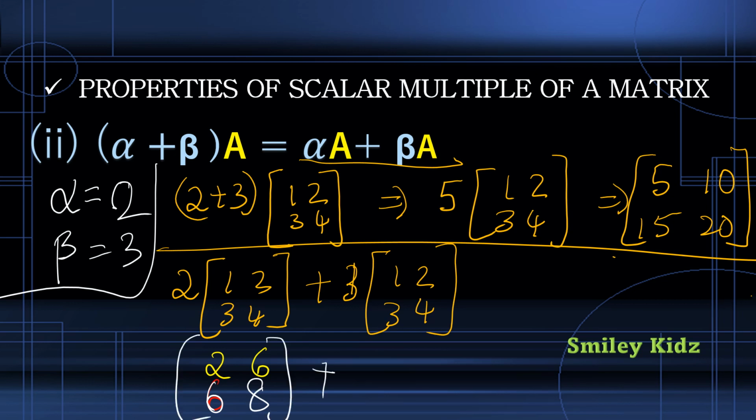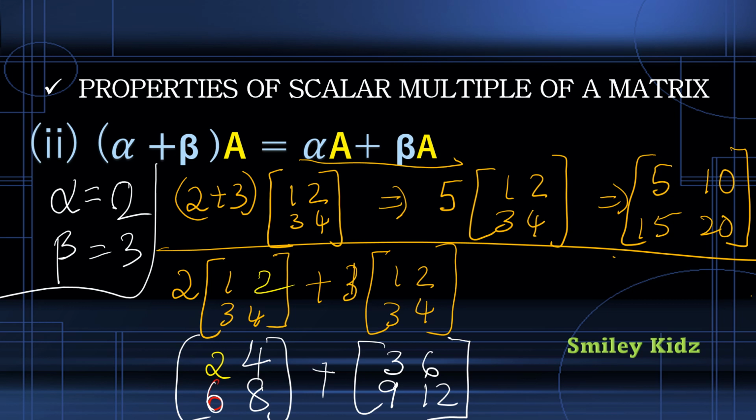Plus this is 3, 6, 9, 12, isn't it? Because our matrix was 1, 2, 3, 4, so 2 twos is going to be 4. Now you're going to add them.